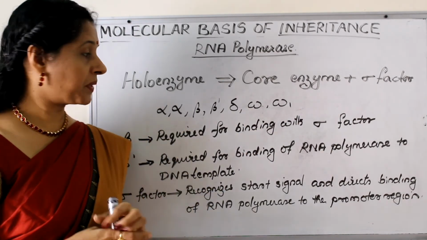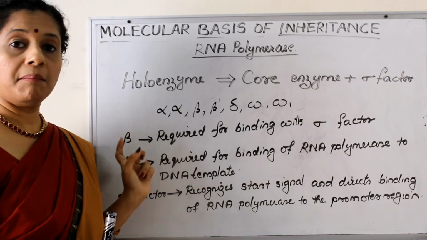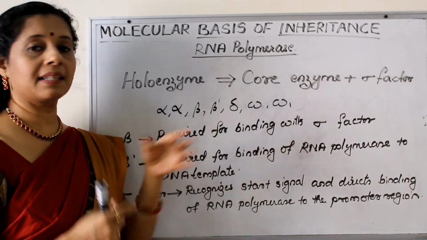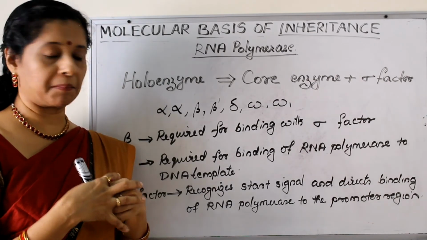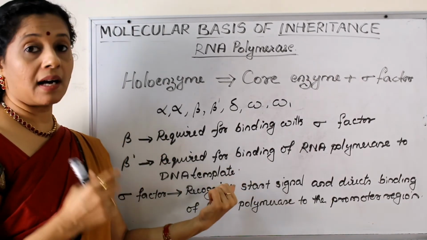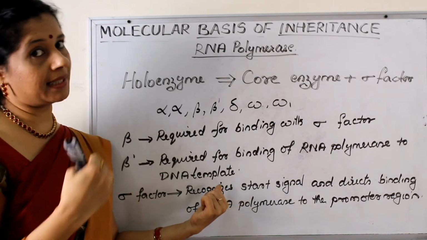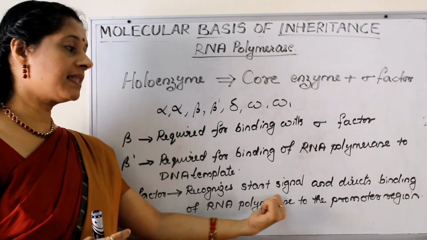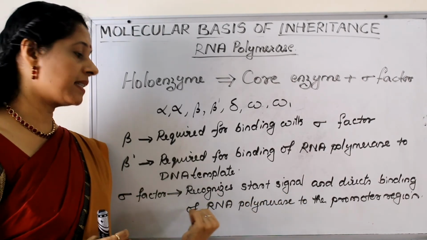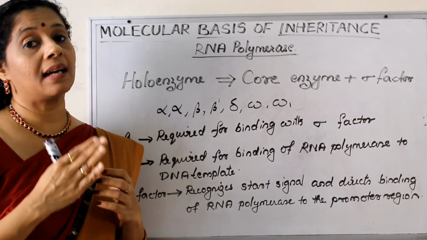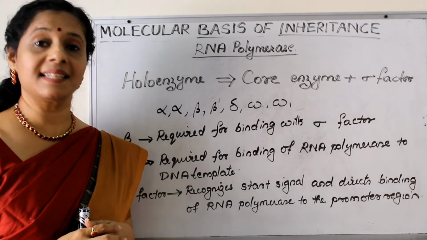So it varies. So what is the function? Beta is needed for the binding with sigma factor. So sigma factor can bind only at the beta chain. Whereas beta dash is required for the binding of RNA polymerase enzyme to the DNA template. And sigma factor also recognizes the start signal and directs binding of RNA polymerase to the promoter site so that the action of the RNA polymerase can start.